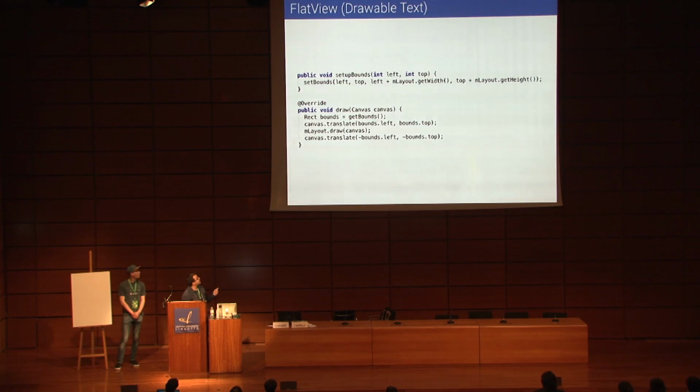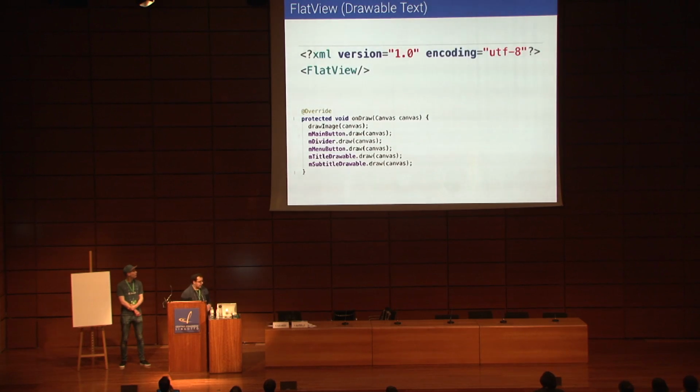So what I usually do is I wrap text layout in something I call a text drawable, and I expose methods to set bounds that will use the width and height that the text layout has calculated. And in draw, this will automatically handle the canvas translations that you need to draw the text layout in the position you want it to be drawn. So in our view example, it will basically translate the canvas to the text level, draw the text, and then translate the canvas back.